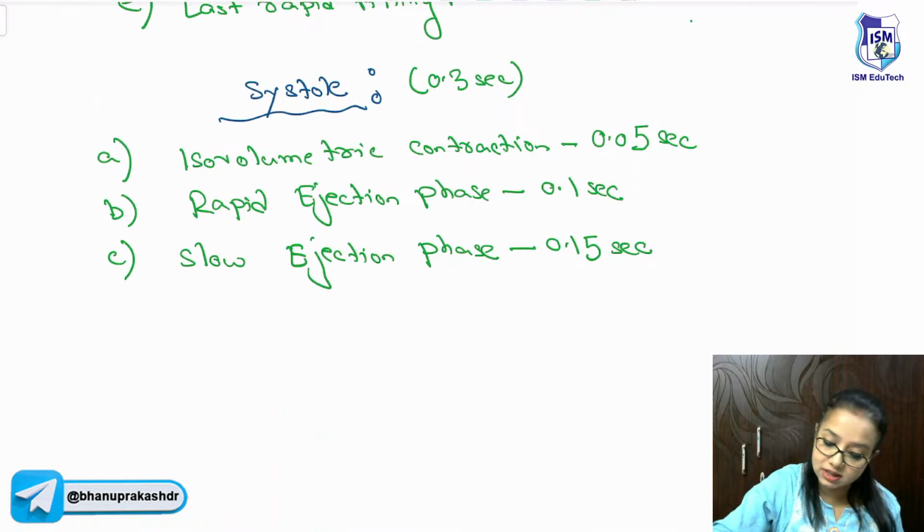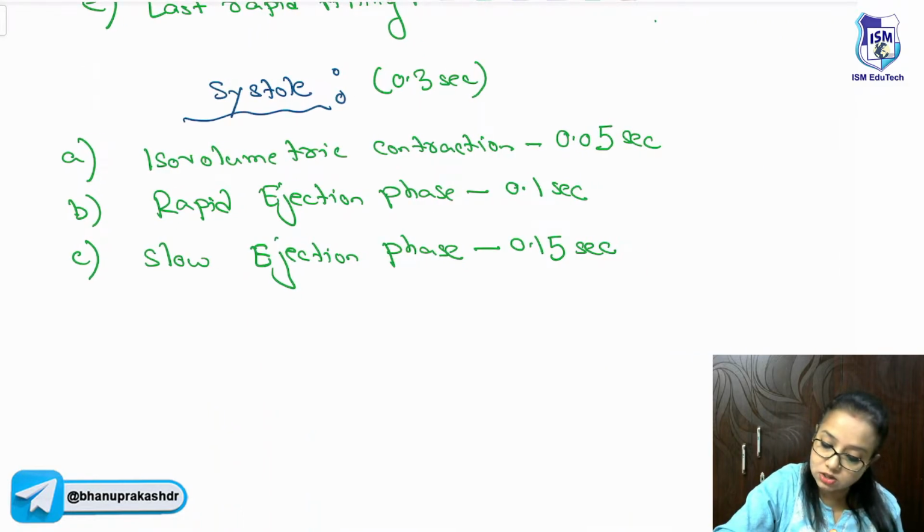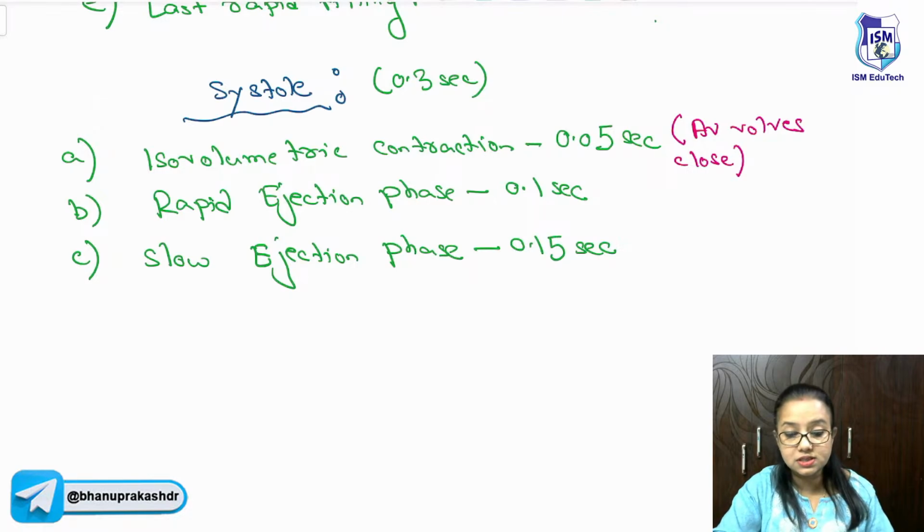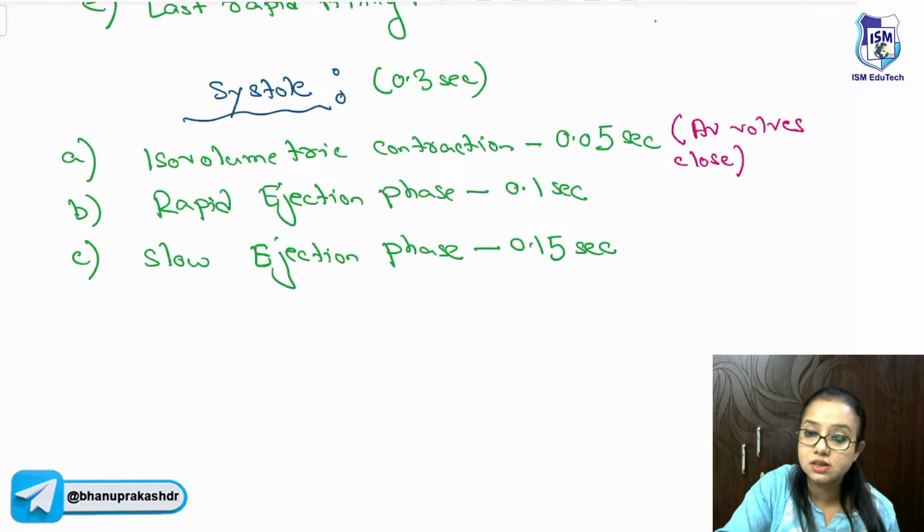Now the important event that happens in the isovolumetric contraction is that the AV valves close. At the beginning of this phase, there is closure of the AV valves.